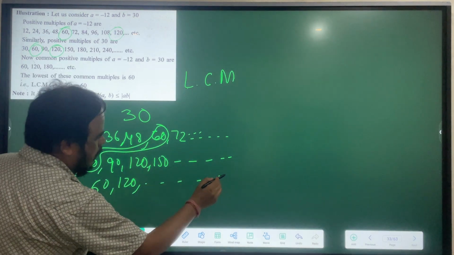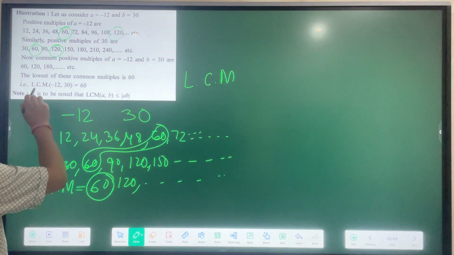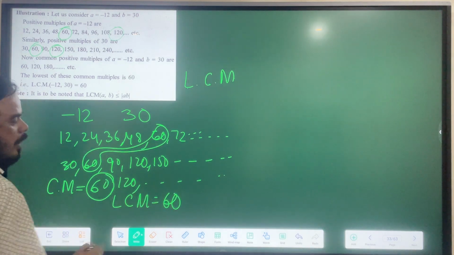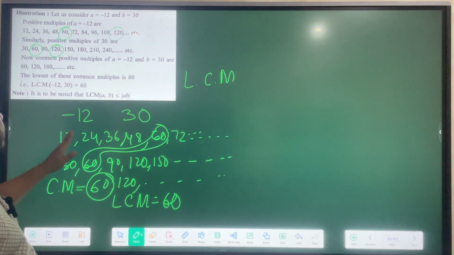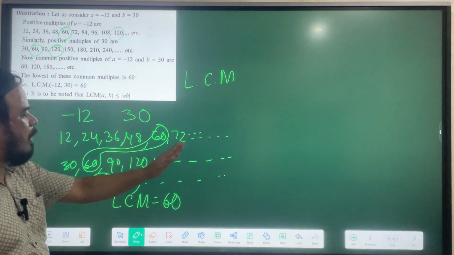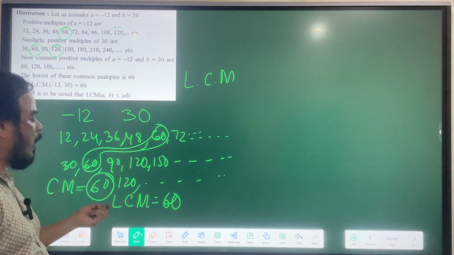We will go on getting, but what is the common? Lowest is 60. So LCM will be 60. Do you understand that? Multiples of 12 we have written, multiples of 30 we have written. We have taken common numbers. Among the common numbers, 60 is the lowest common multiple.